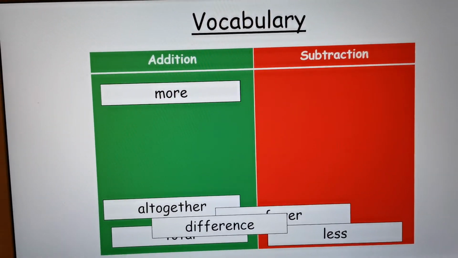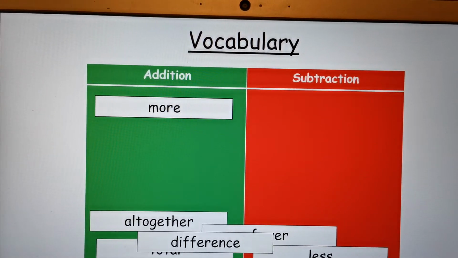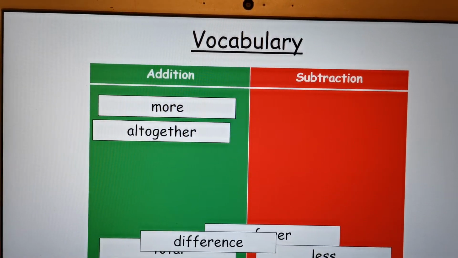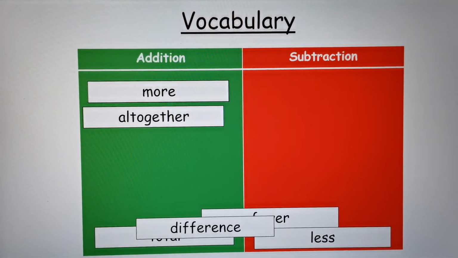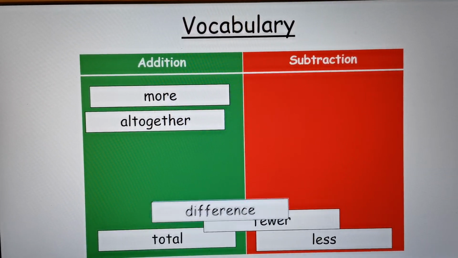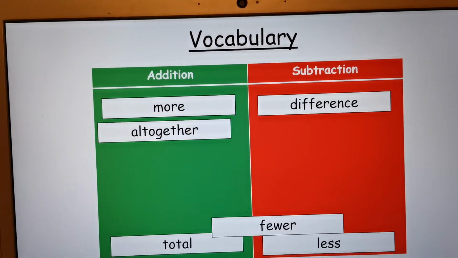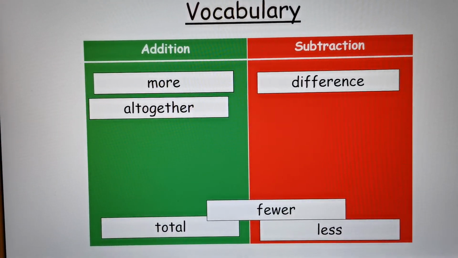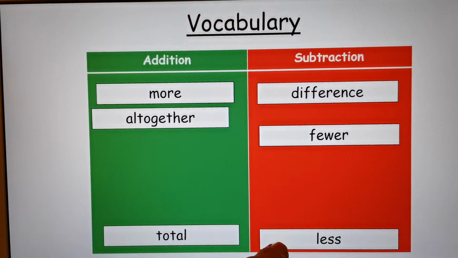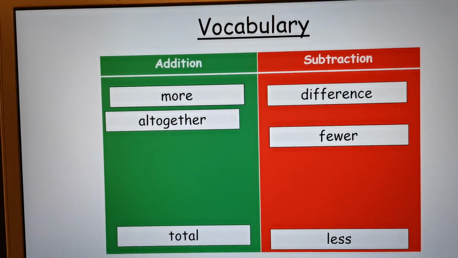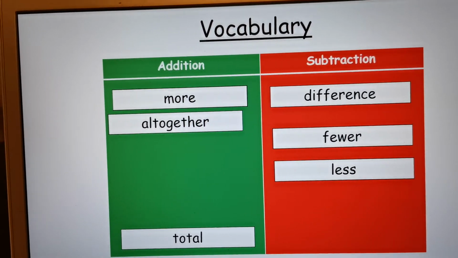Altogether, does that mean add or subtract? Difference? Fewer? Less? And total?